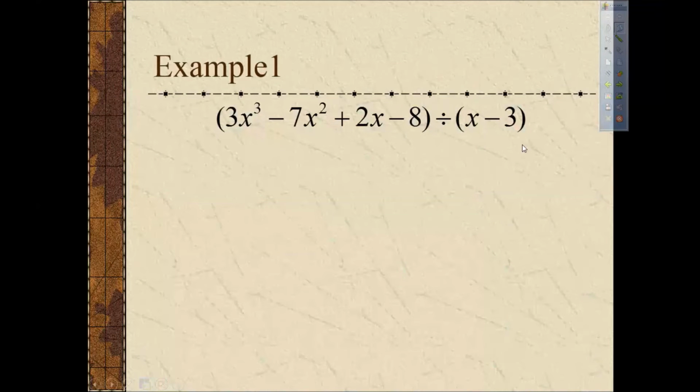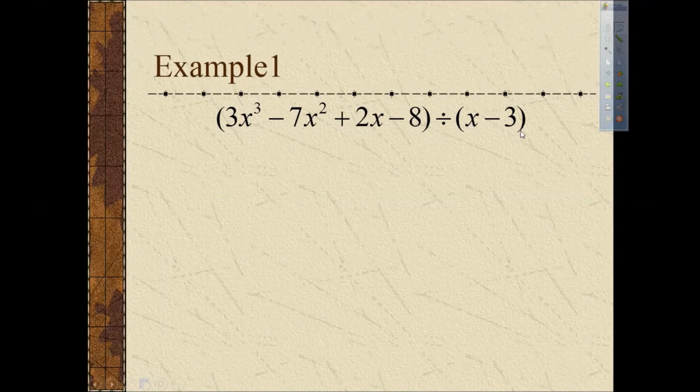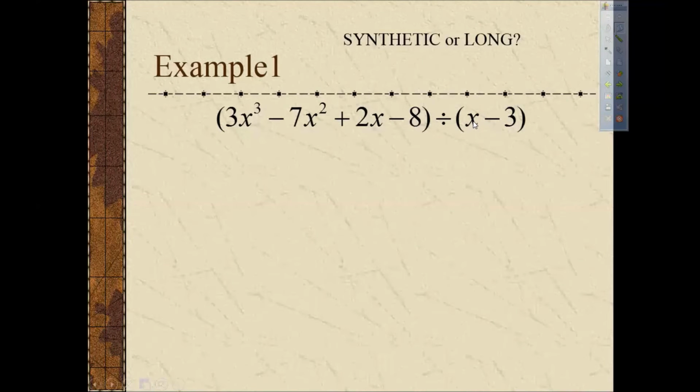Let's try another example here. 3x cubed minus 7x squared plus 2x minus 8 divided by x minus 3. If I were doing long division, I would put x minus 3 on the outside and 3x cubed minus 7x squared plus 2x minus 8 on the inside. But for this, do I have the option of doing synthetic division? I sure do, because what I'm dividing by is x minus k.